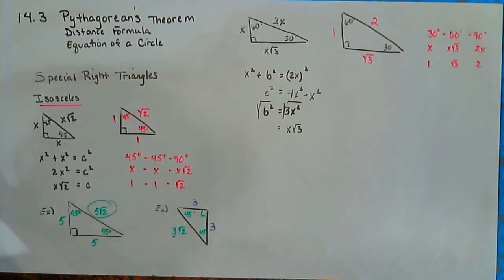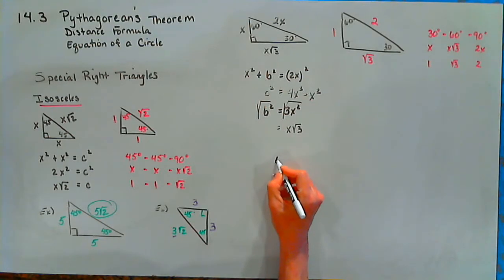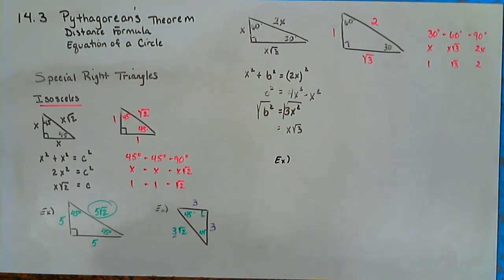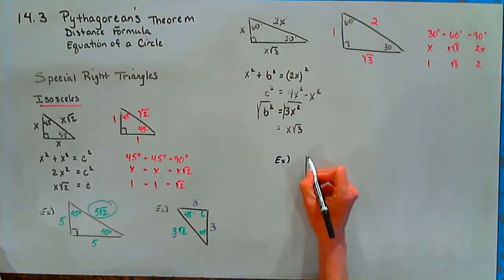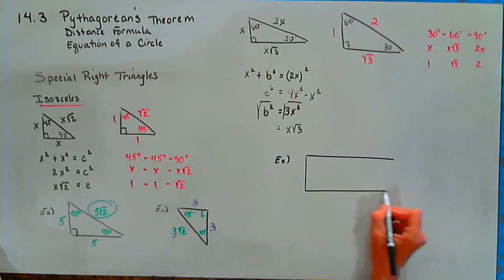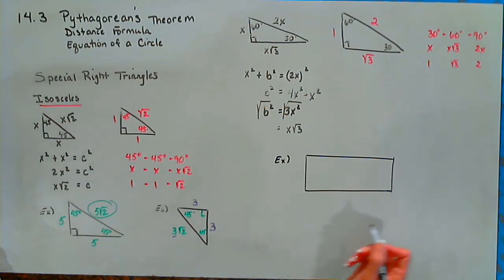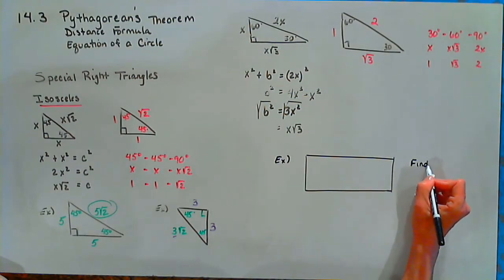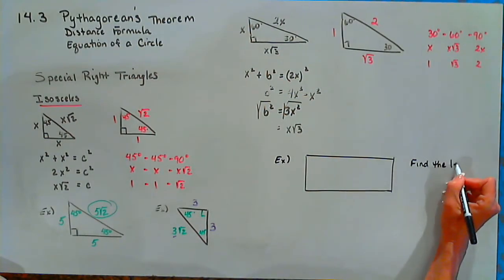So looking at a similar type problem, let's say, for example, I give you, here, we'll do this. I'm going to give you this rectangle, and I would like you to find the length of the diagonal.